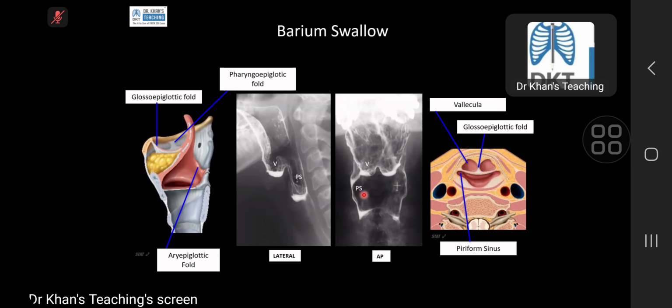So please remember, final take home point: valleculae are anterior and piriform sinus is posterior. Piriform sinuses are part of the hypopharynx, and this one is the supraglottic larynx.